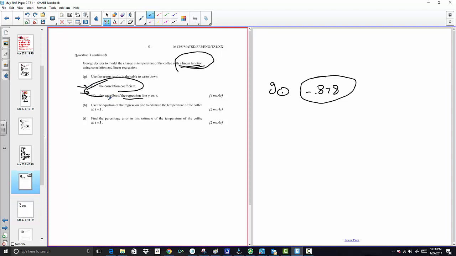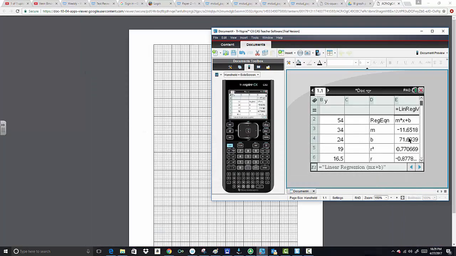All right, so the next one is part 2 for G, the equation of the regression line, okay? We have it right here, technically the slope and the intercept, so you can say it's negative 11.6 or negative 11.7 and 71.6.